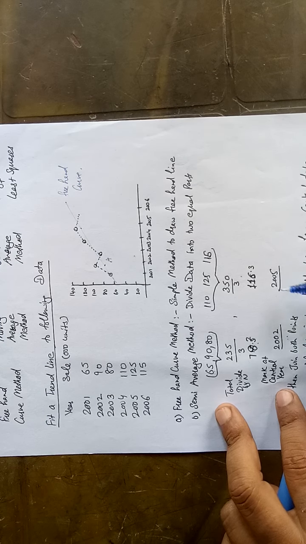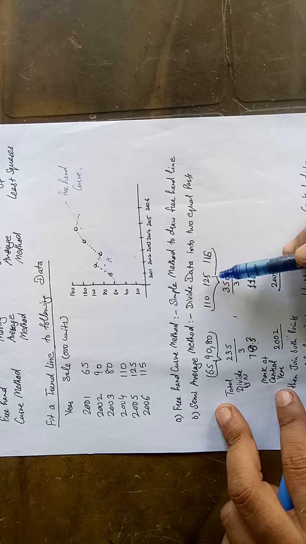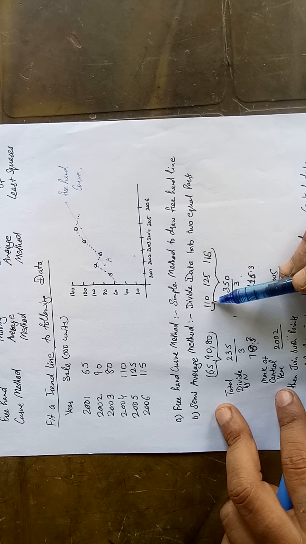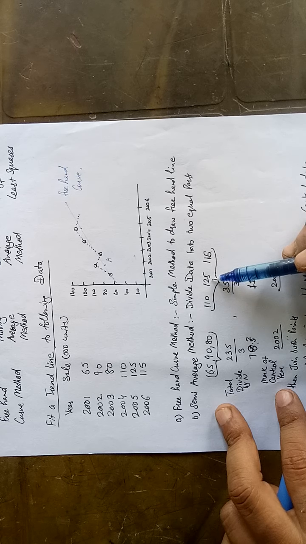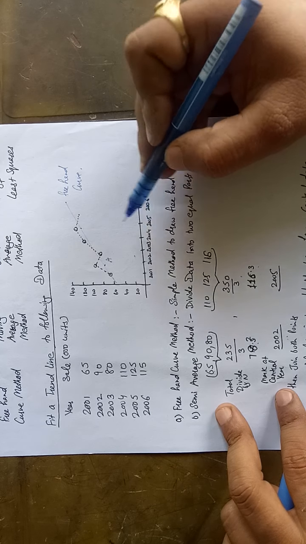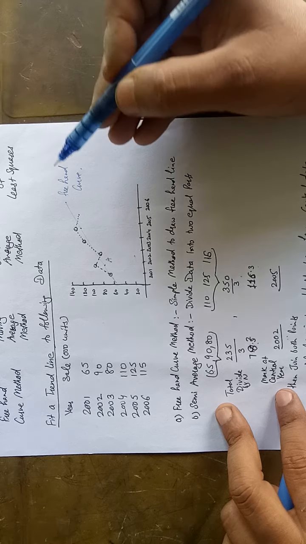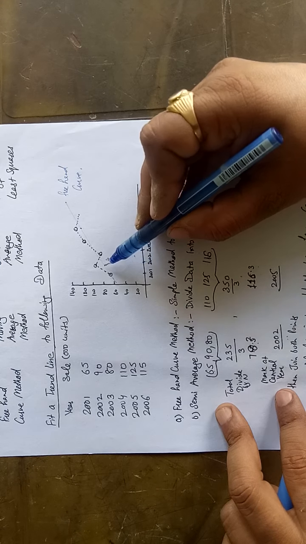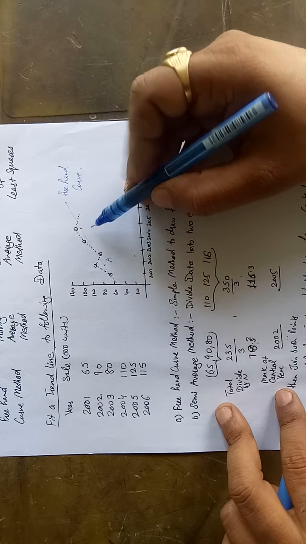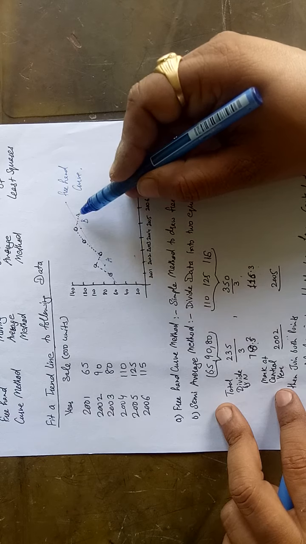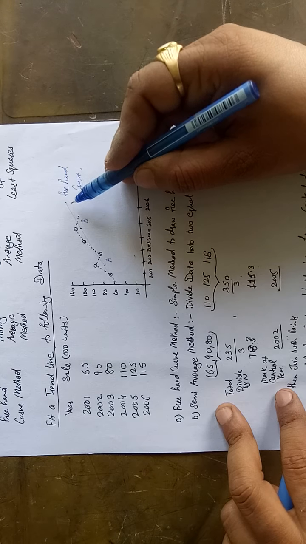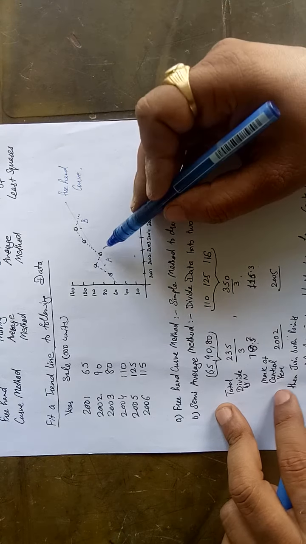Next, in this case the average is 116.3. At the center of 2004, 2005, 2006, 2005 is the center. So we will mark 116.3 at the year 2005, that is point B. We will join these points A and B with the help of a scale.